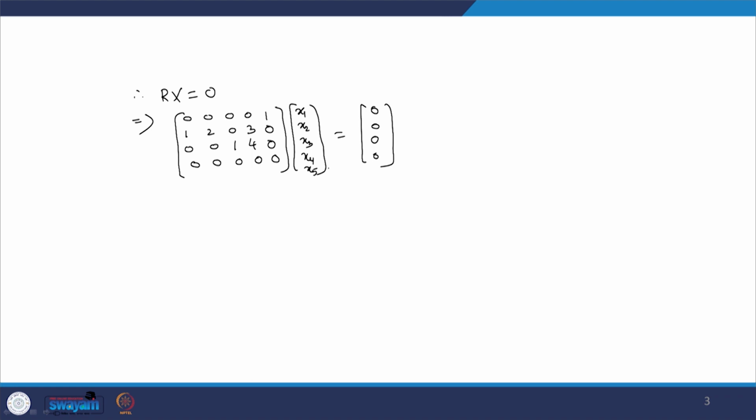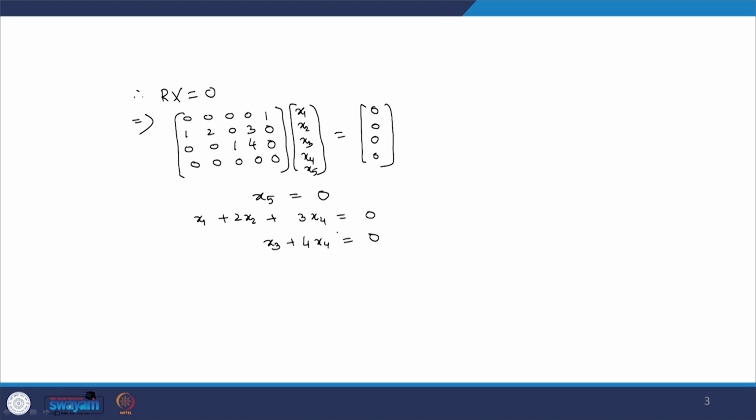So, I can write down this system Rx equal to 0 in linear equation form. Then what am I getting? This implies x5 equal to 0. Then the second equation, x1 plus 2x2 plus 3x4 equal to 0, and x3 plus 4x4 equal to 0.